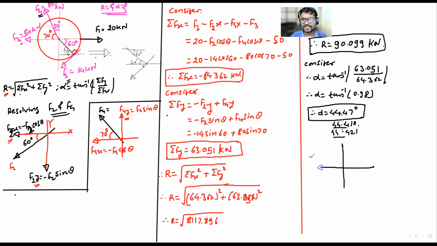Summation Fx is negative, so it will be along the negative x-axis. Summation Fy is positive, so it will be along the vertical y-axis. So resultant R will be in the second quadrant. Right, so this is the R, this is the alpha.